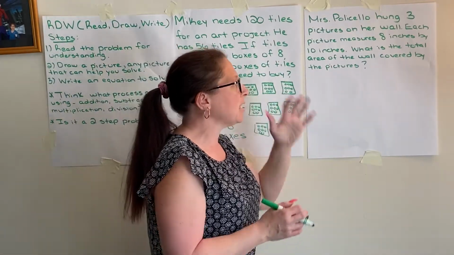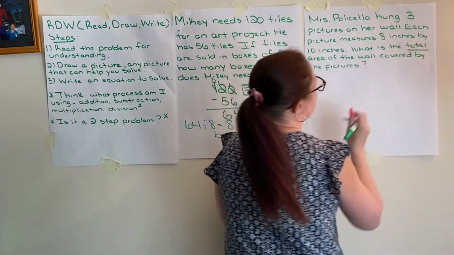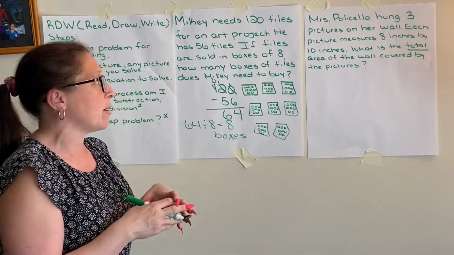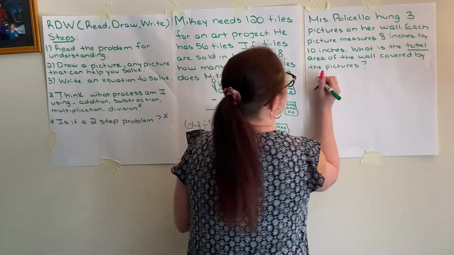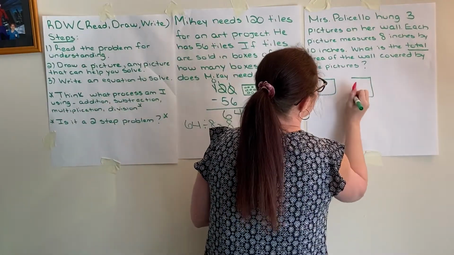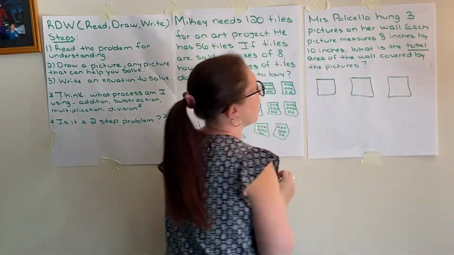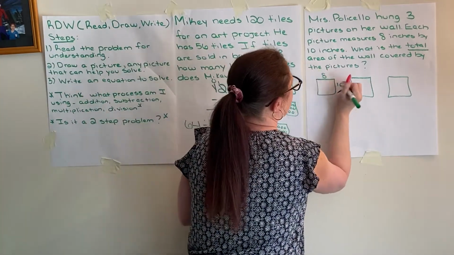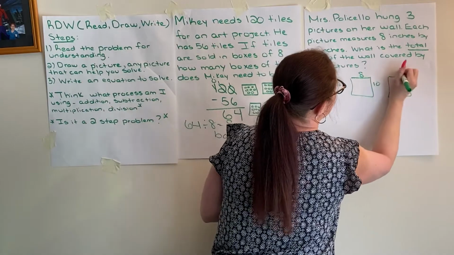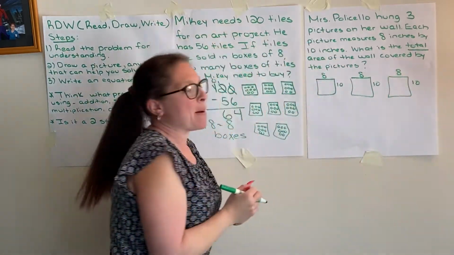Now, automatically sticking out to me is the word total, right? I know it's going to be all of them together. Now, if I'm drawing pictures, okay, I may draw them as squares. Okay? We know they're 8 inches by 10. And if we remember area, right?